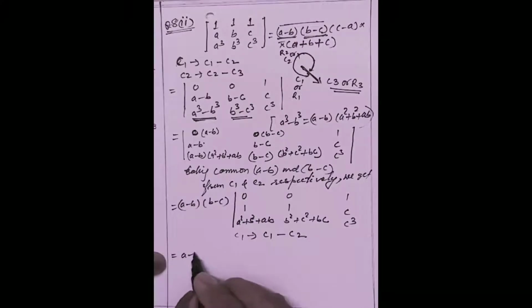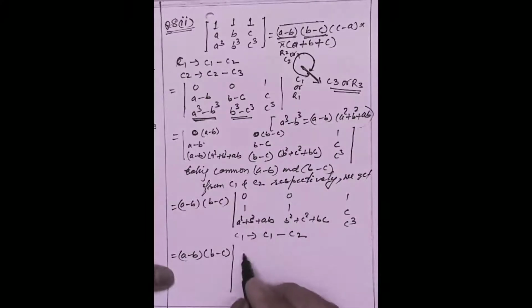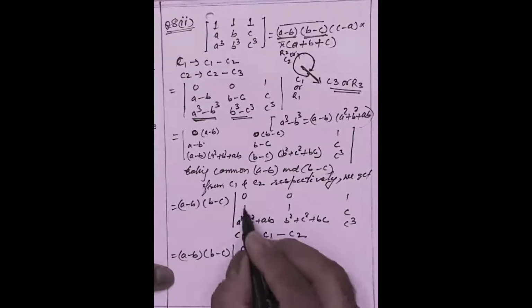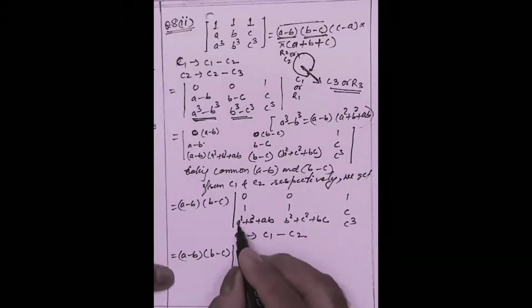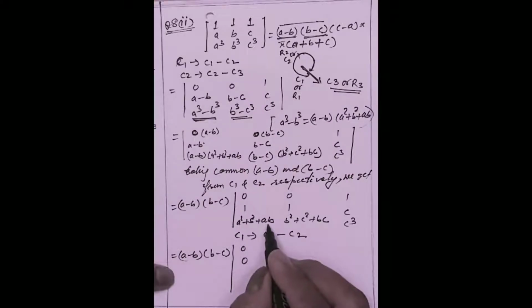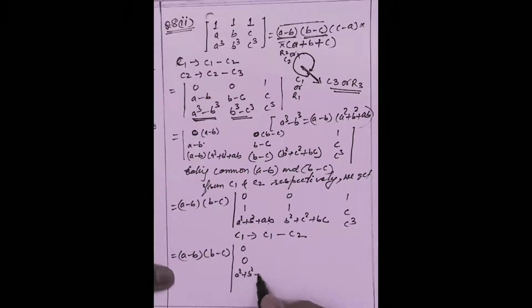So outside A minus B, B minus C, and here 0 minus 0, C1 is going to change. Remember, C1 is going to change with the help of C1 minus C2. So 0 minus 0, 0, 1 minus 1, 0, A square plus B square plus AB minus B square minus C square minus BC, so this B square and B square cancel.